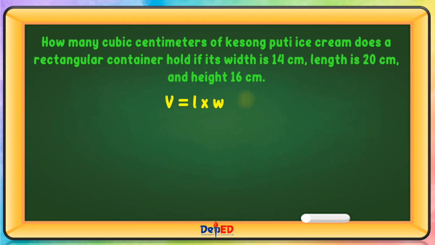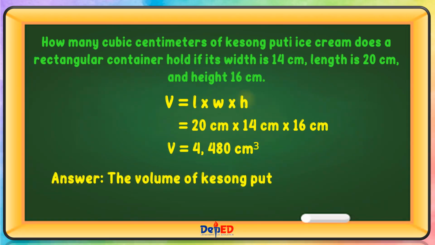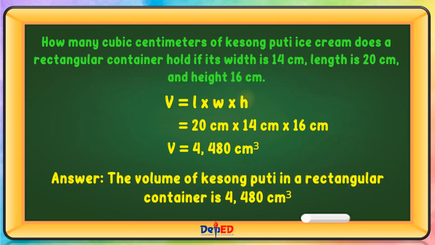Volume is length times width times height, equals 20 cm times 14 cm times 16 cm, is equal to 4,480 cubic centimeters. Our answer is the volume of kesong puti in a rectangular container is 4,480 cubic centimeters.